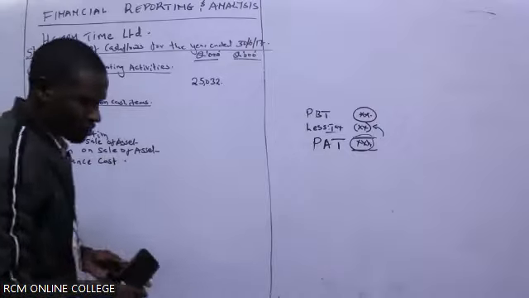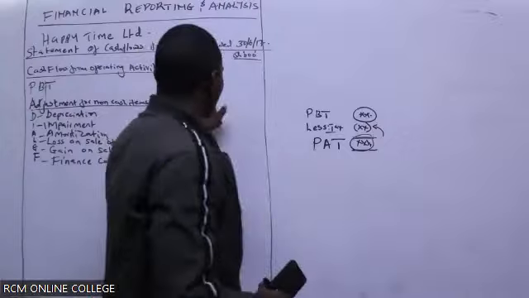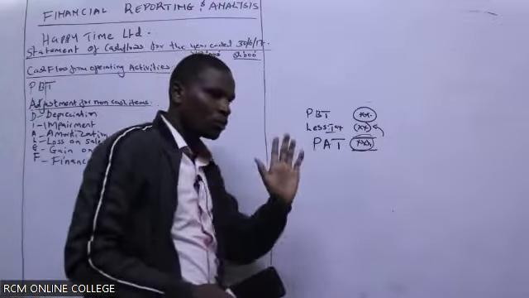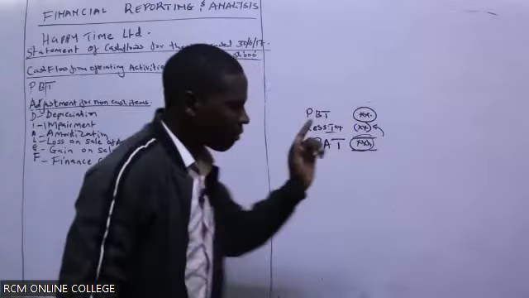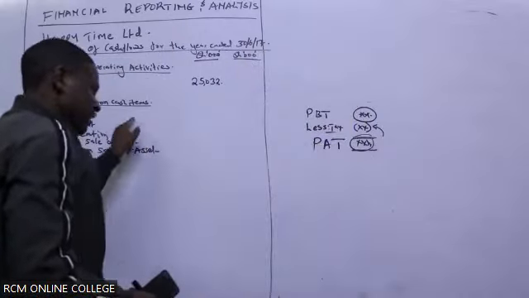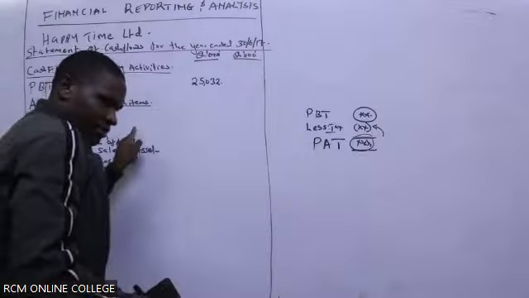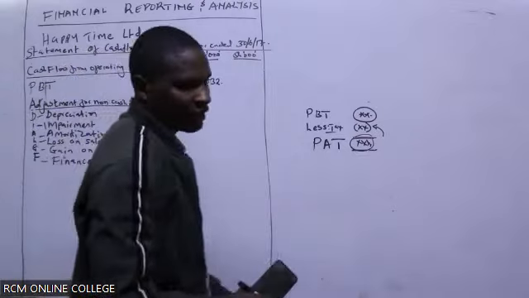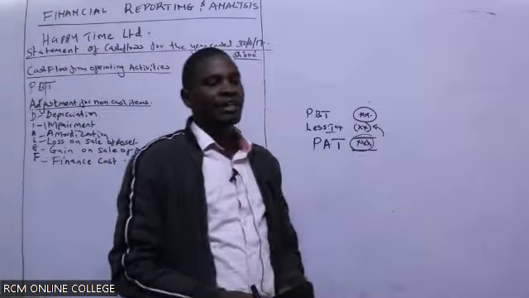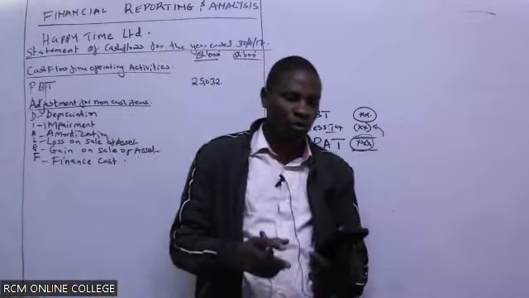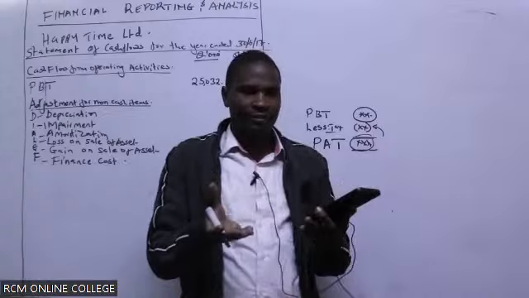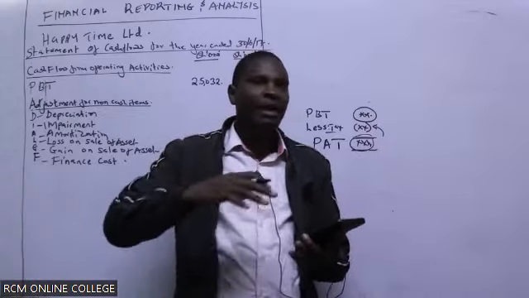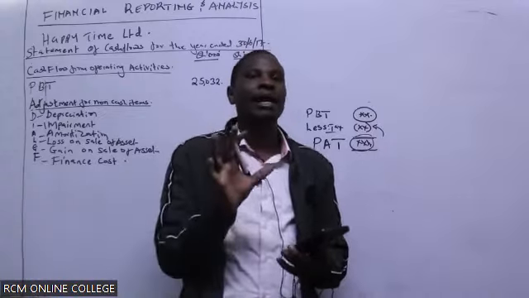Now class, what I said: once you get your profit before tax, you just look upward. You look a little above to see if you have easy items. Do we have any? Just check above the profit before tax, and if there are any, you put them in as you move on.